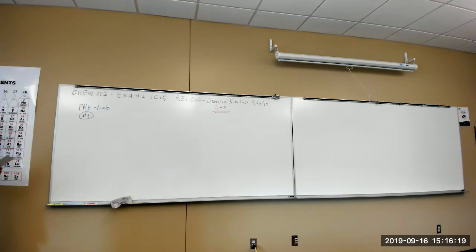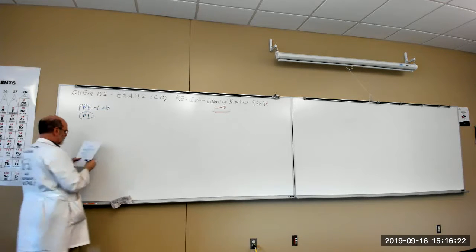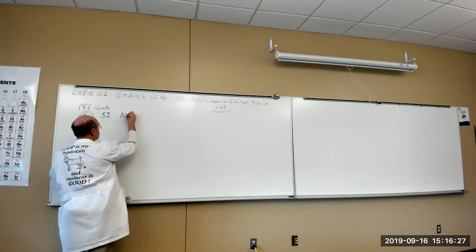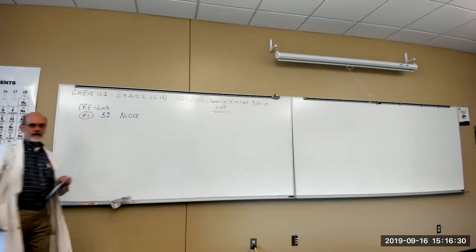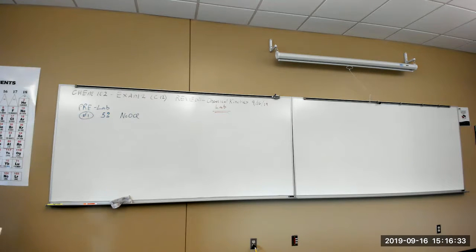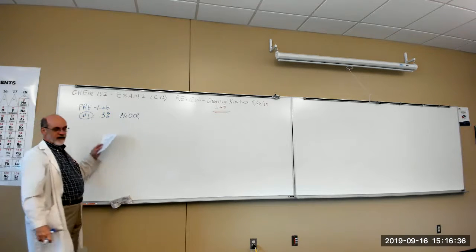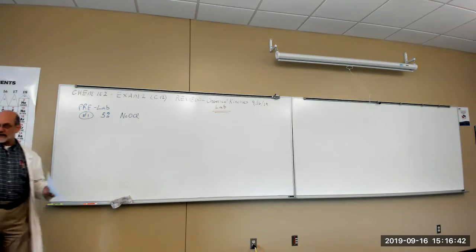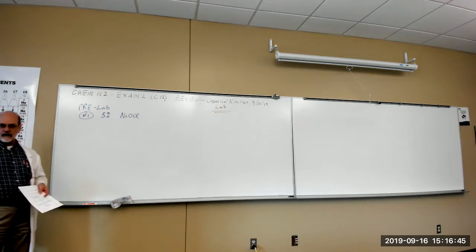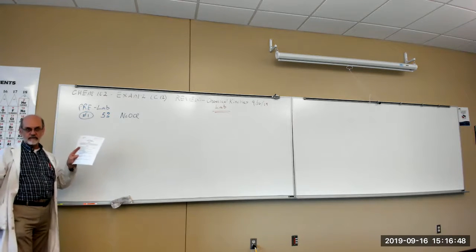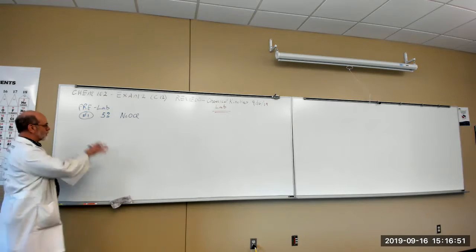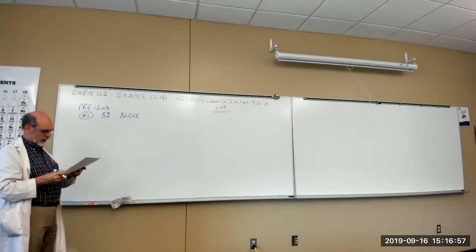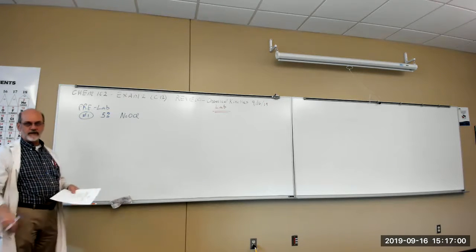If your household container has 5% sodium hypochlorite, if you look at any of the bottles of bleach, years ago they used to be 5.25%. Now, most bleach that you buy is the ultra bleach. That's at 6%. 6% is what we're going to be using in the lab. So you use the same procedure for answering this question, only substitute 6%, and you can calculate the molarity of the solution.